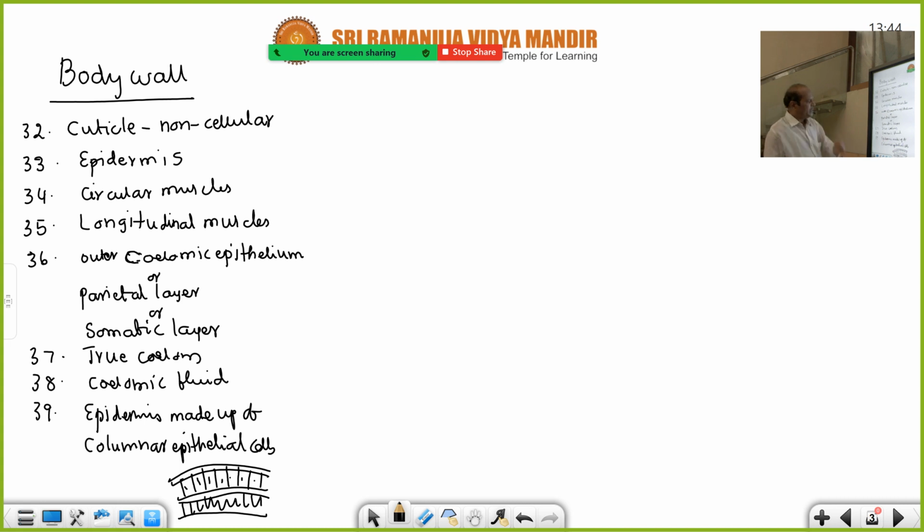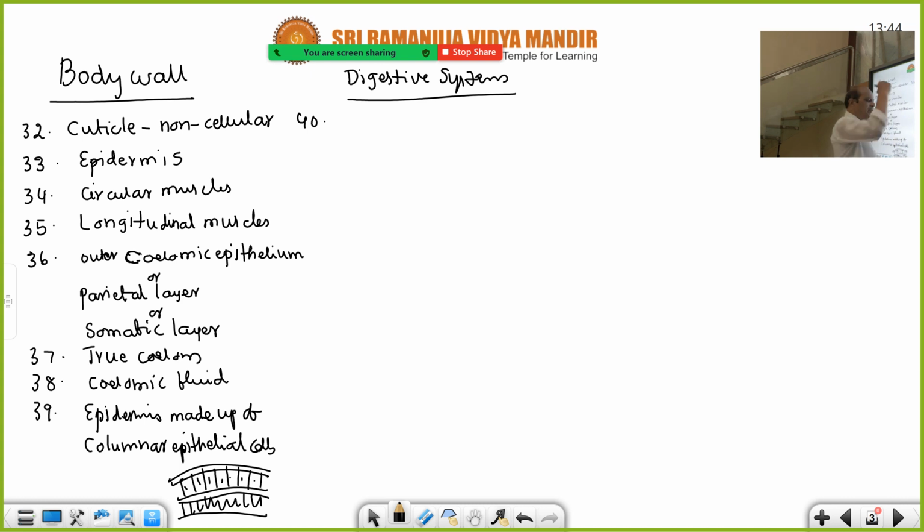Now let us take the alimentary canal, digestive system of earthworm. Anywhere, digestive system is divided into alimentary canal and digestive glands. So here the alimentary canal starts with mouth and ends with anus.